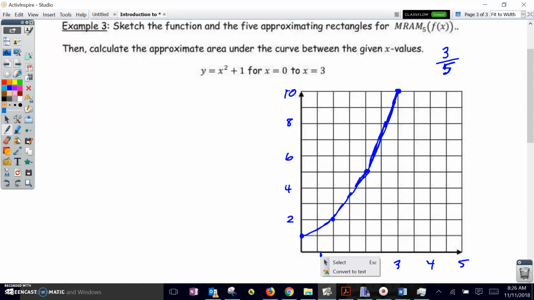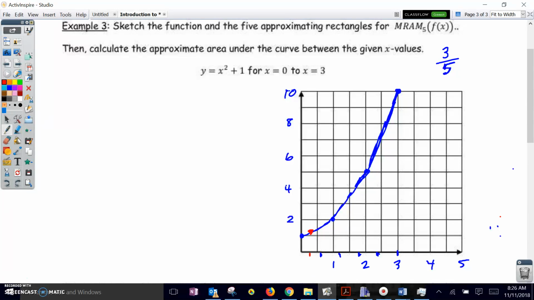So I'm going to put some markings down here: 0.6, 1.2, 1.8, 2.4, and 3, subdividing all of these intervals. And now we're finding MRAM, so we're going to base the value off of the height of the function at the midpoints of these intervals.